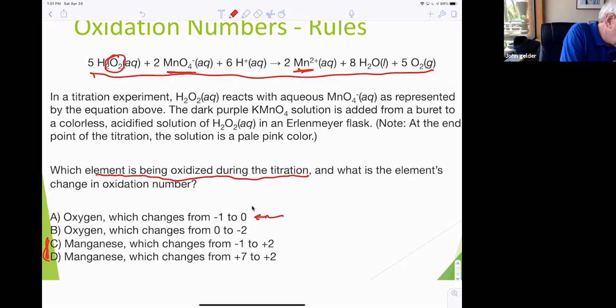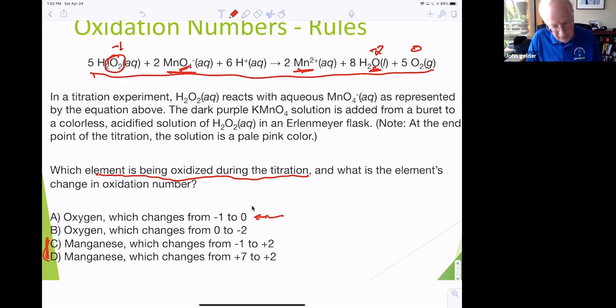This is a special case where the oxidation number for oxygen in peroxides is -1. And over here, we do see that there's oxygen here that's a -2. The oxygen here is 0.